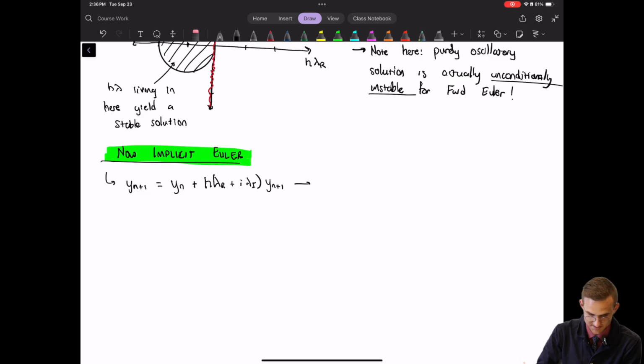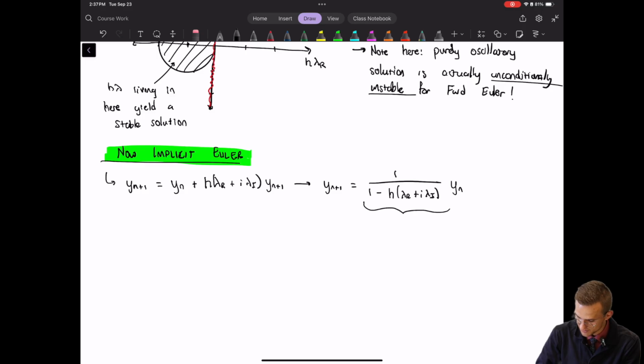And what this gives us is the following amplification factor, where we have 1 divided by 1 minus h times lambda r plus I lambda I, times y n. So this is now our new amplification factor.